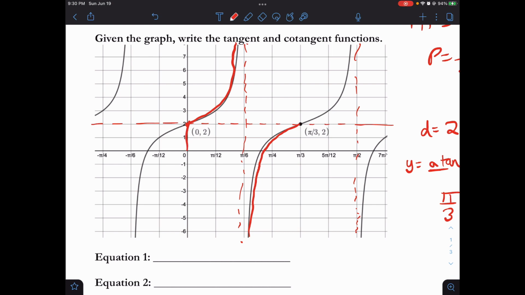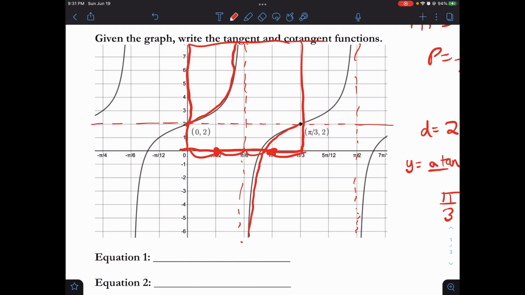Let me draw a box around our period. So we draw a box around our period, and now we have five points. Now we go between the asymptotes to the point, like the point which is 1 and 1. So this point right here, and if we're going to the other side, there'll be 1 and 1. So this point right here.